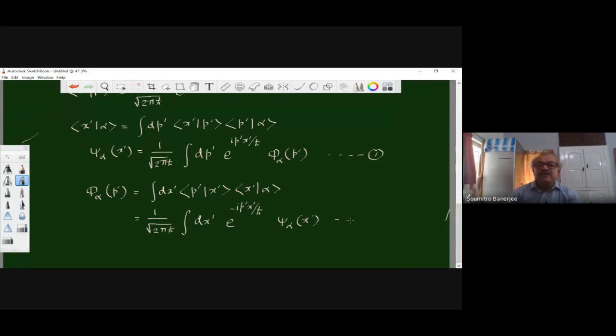You notice that if you want to go from the x basis to the p basis, you have to take a Fourier transform, and if you want to go from the p basis to the x basis, you have to take the inverse Fourier transform. So this is the transformation of basis.